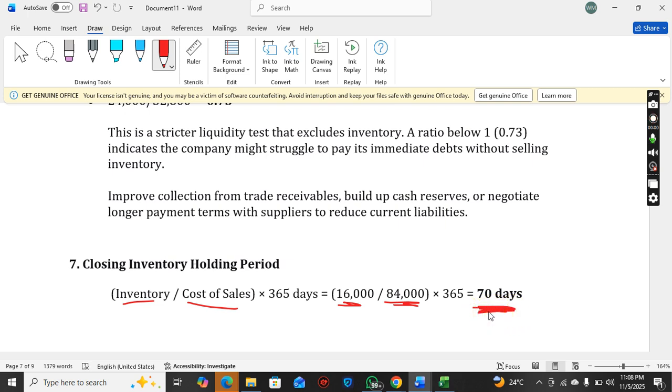Basically, you purchase your inventory, after 70 days you run out, and you need to buy more inventory. Any questions? The lower the days, the better it is for you.